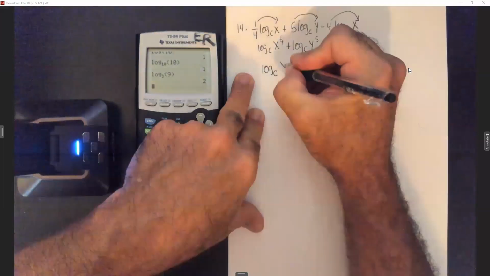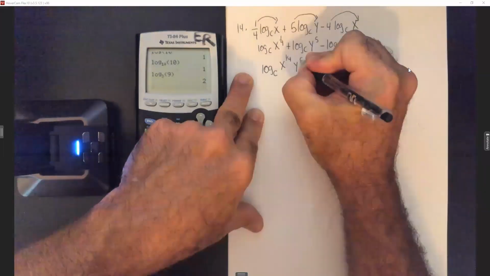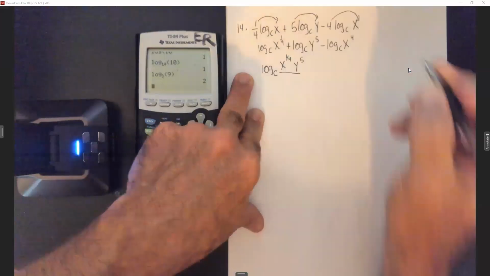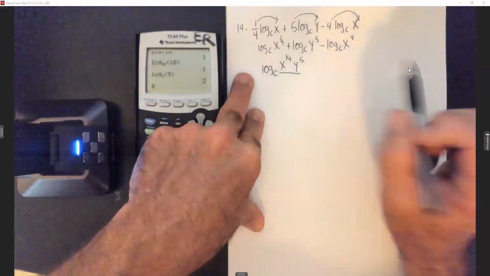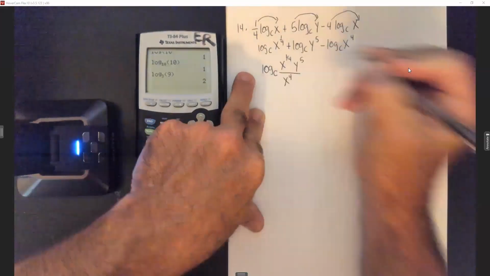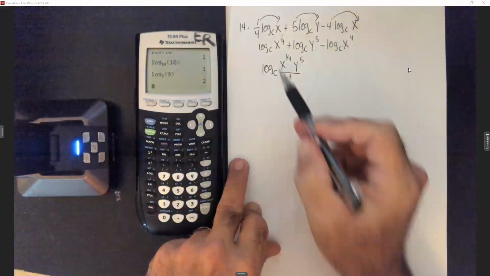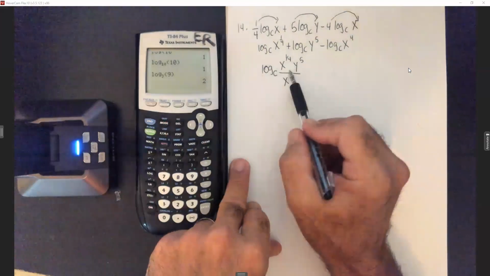So I get an x to the 1/4, y to the 5th. This one's negative, it's going to the bottom. So this will just be x to the 4th. So I took the log C out, put it in front, and then positive went to the top, negative went to the bottom.